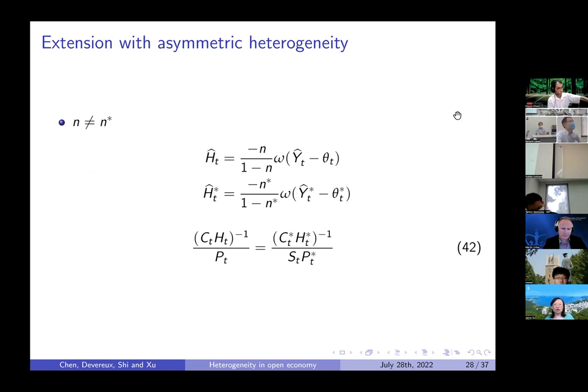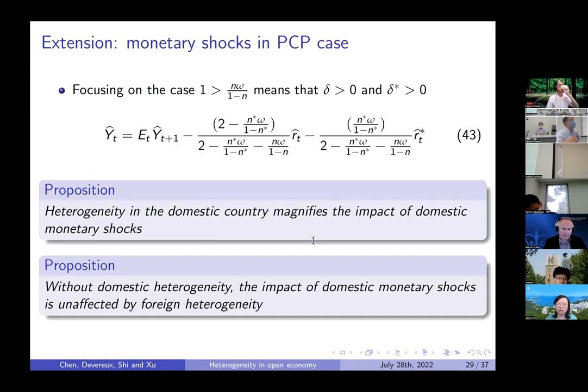Okay. So here I'm just going to talk very briefly about the extension with asymmetric household heterogeneity. You can see that this heterogeneity is still proportional to the output gap, and we still have that the risk sharing condition holds. In the asymmetric case, heterogeneity is going to magnify the impact of domestic monetary policy.